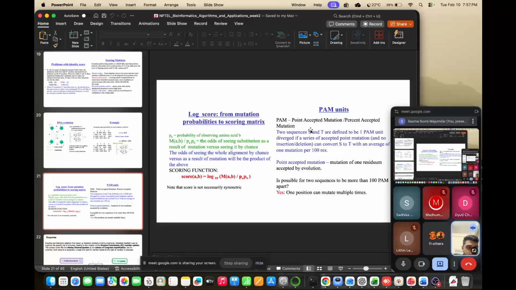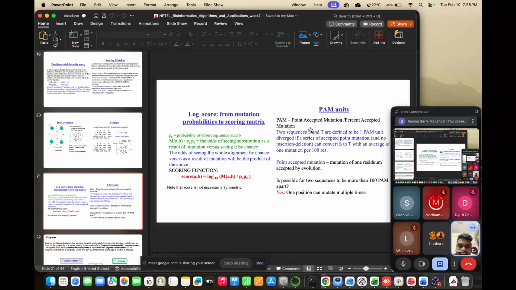Oh, I currently don't have that. I need some time to bring that up, so probably next week you can remind me. I'll explain that. Sir, do we have to construct a PAM matrix in our exam? No, no, no.